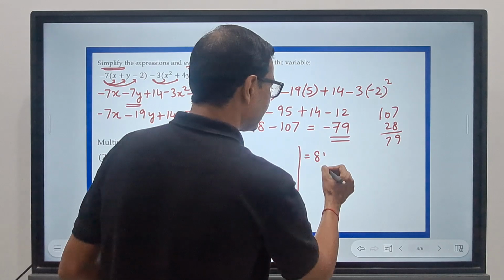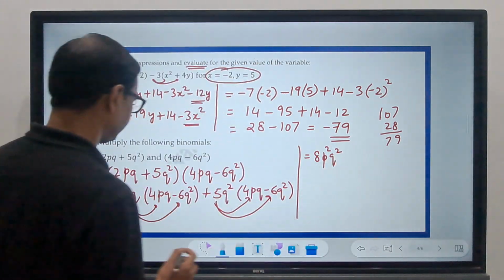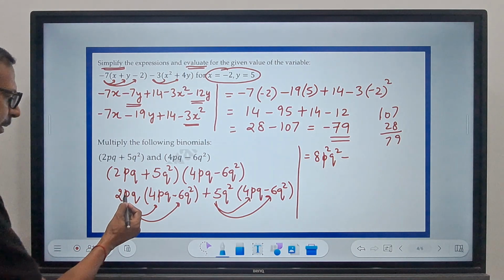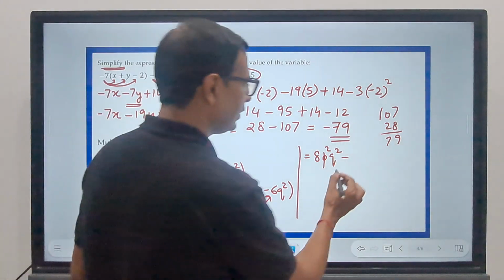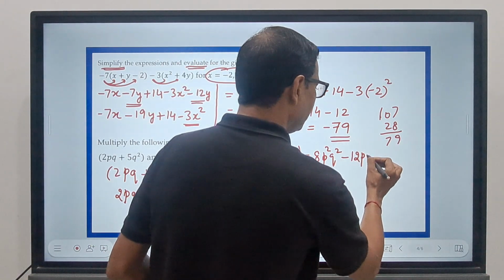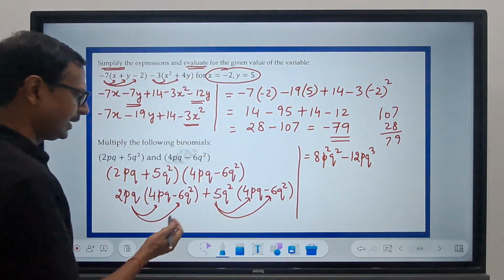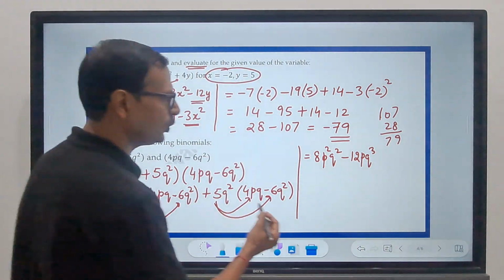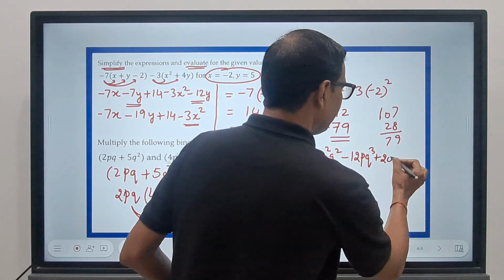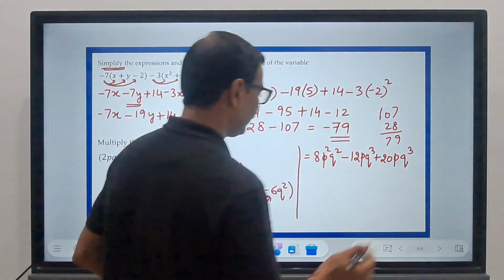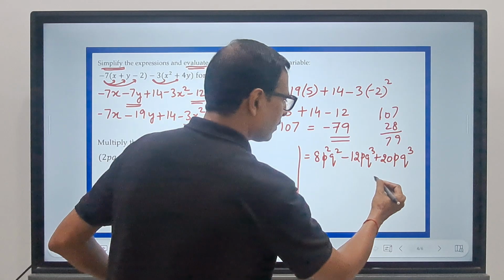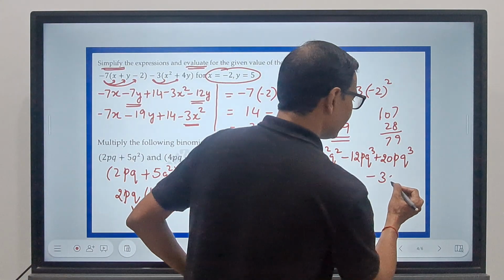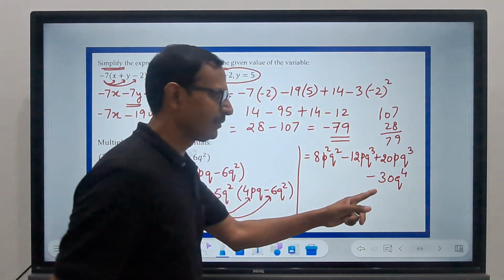So 8p square q square, first term, minus 12pq cube. Then here 20pq cube, and finally minus 30q raised to power 4. Here we have the 4 terms.